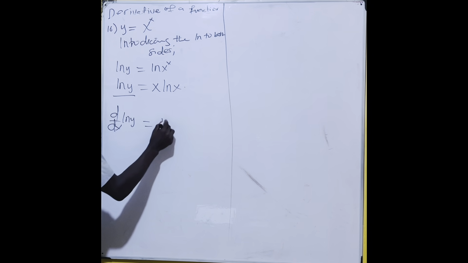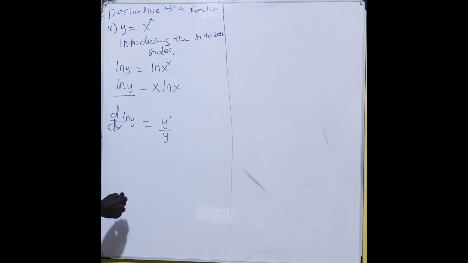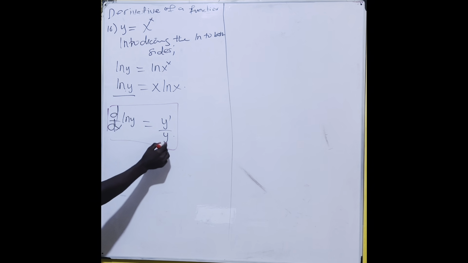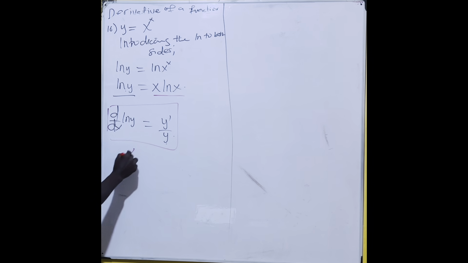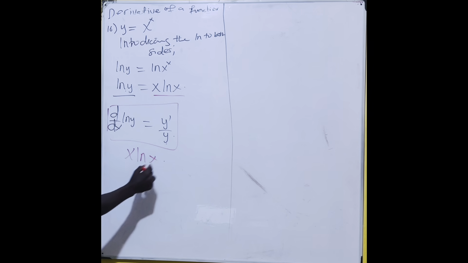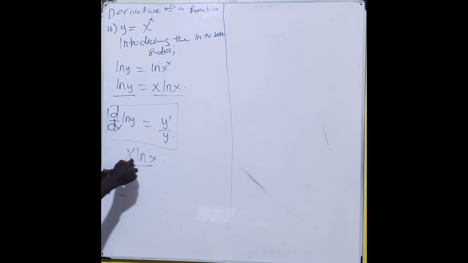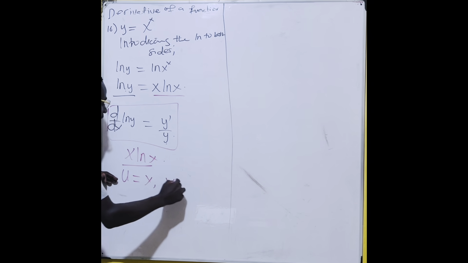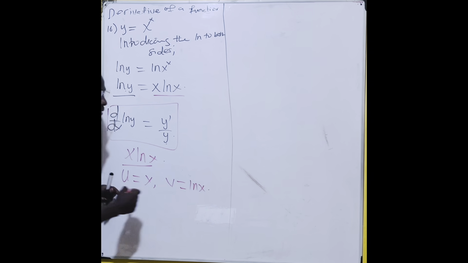We're going to have y prime divided by y. So the derivative of the left hand side is this. Let's consider x ln x. We are going to apply the product rule. So our u will be equal to x and our v is ln x.